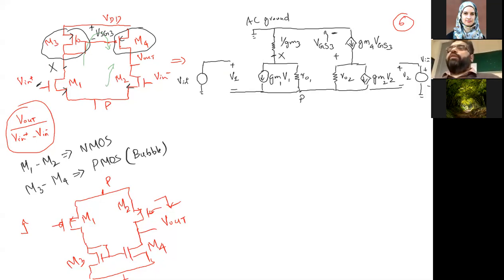That's why I'm writing VSG3, and the potential is like this fashion. Okay? And if I want to show opposite current, then it will be VSG3. Since I'm showing VGS3, the potential is something similar. Okay. And this is RO4. Okay. So that's overall, and they are connected at this point. So this terminal is known as V out for us. Okay.